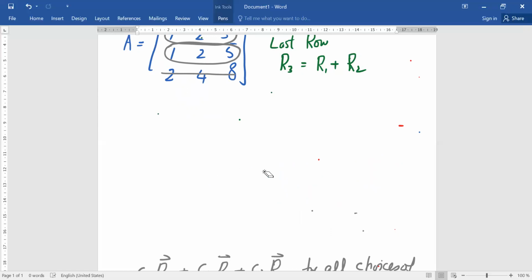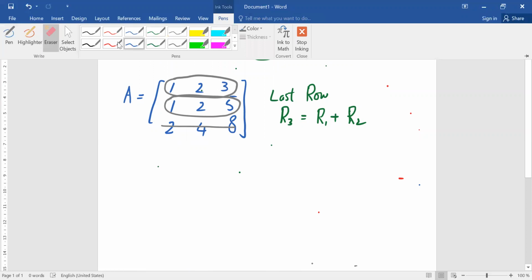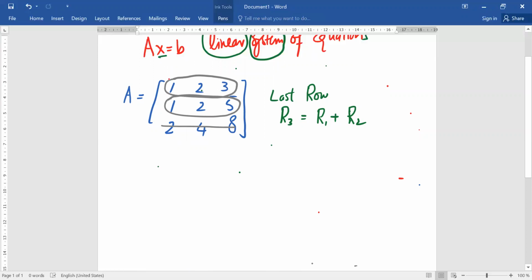For column space, I will just pick columns, but when I pick them, I have to form vectors out of them. So this is my first column, and this is C1. Now I will put them as a column. I will take the second one. This is my second column. So this is my vector.